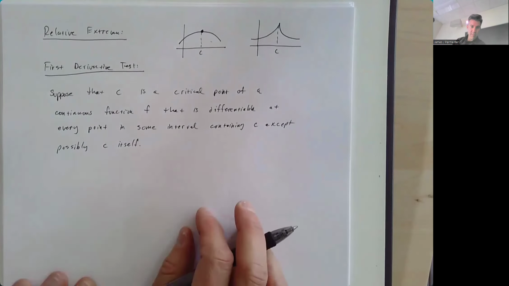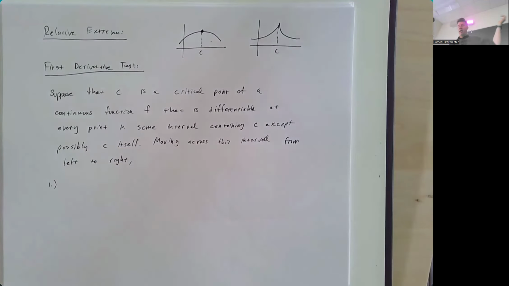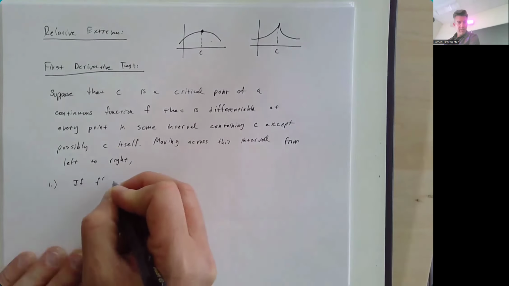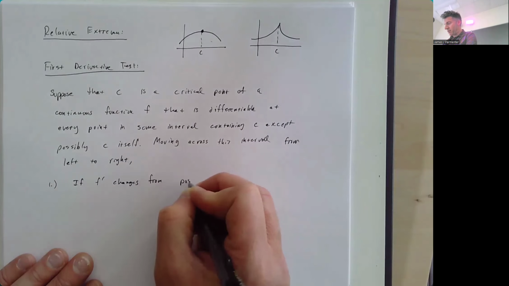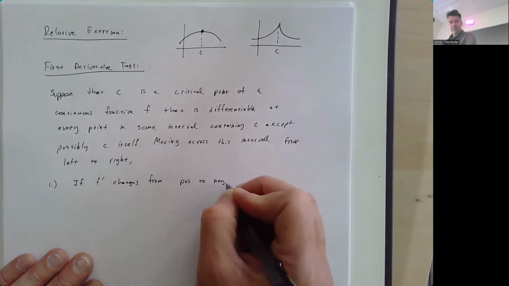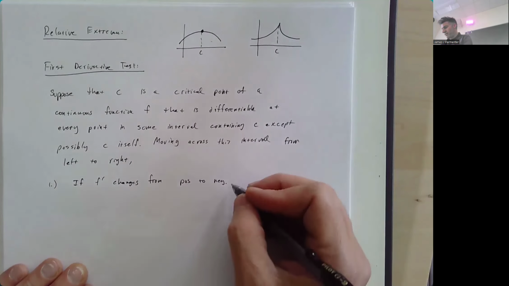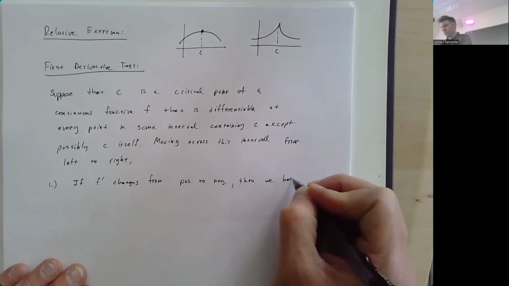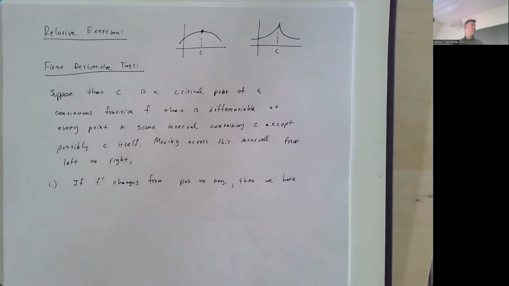One, if the derivative goes from positive to negative, so if f prime changes from positive to negative, then we have what? By the way, this is why the picture is better.